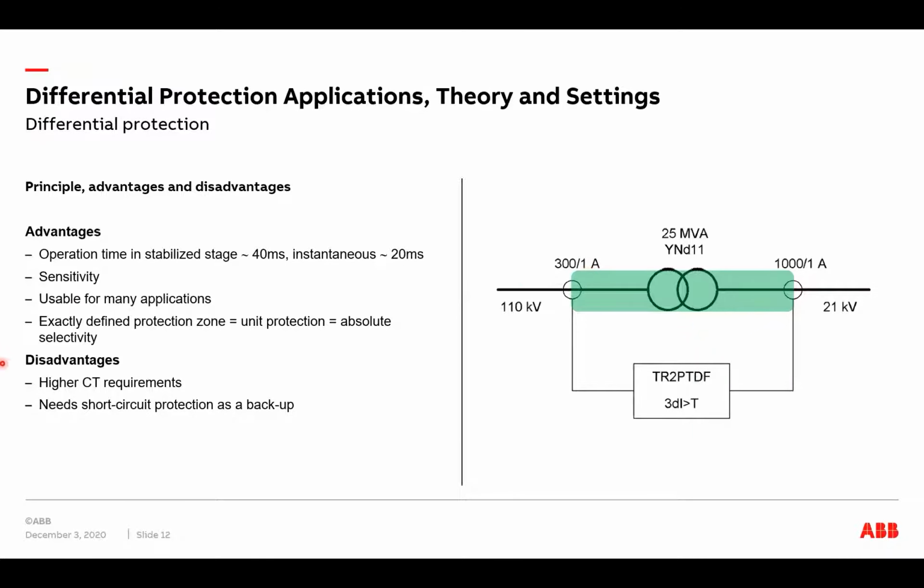Coming to the disadvantages with differential protection, it requires higher CT requirements than, for example, overcurrent protection. And we always need to have a backup protection, which we normally use overcurrent protection for.